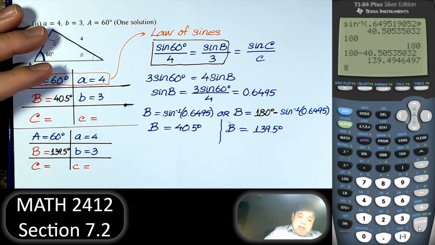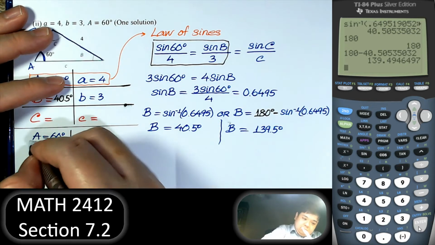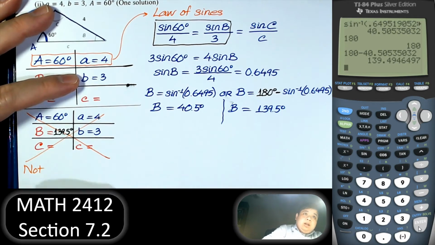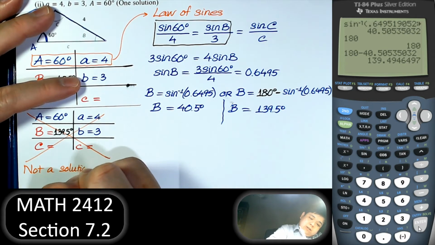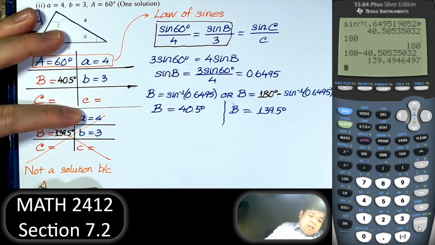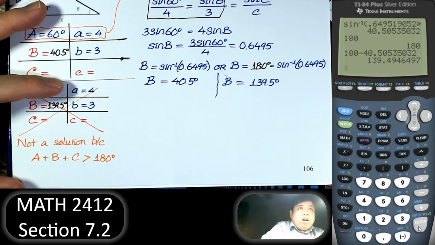So in this case, this is not a solution. Not a solution here. Because like I said, one of them is enough. In this case, A plus B plus C is more than 180 degrees. So it's not a triangle.